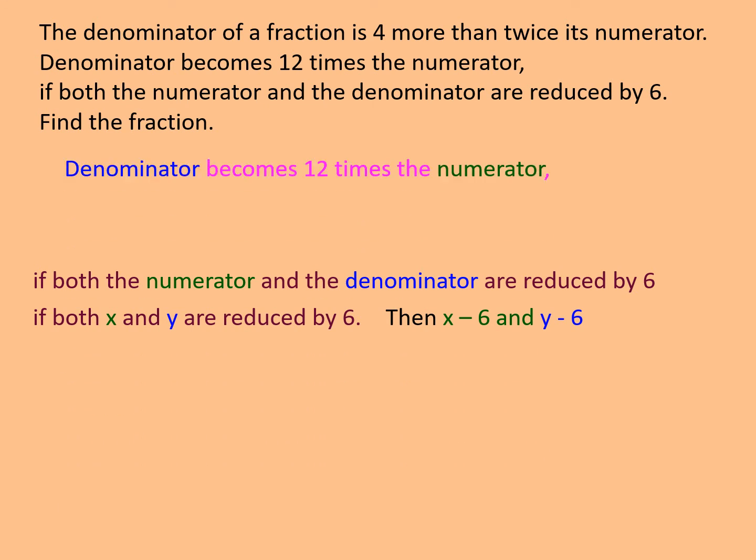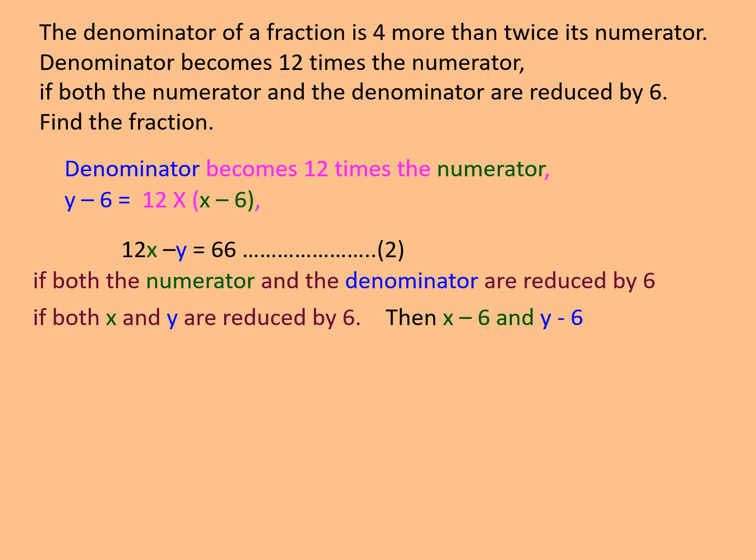The denominator becomes 12 times the numerator, so y minus 6 equals 12 multiplied by x minus 6. When I simplified, I got 12x minus y equals 66, the second equation.